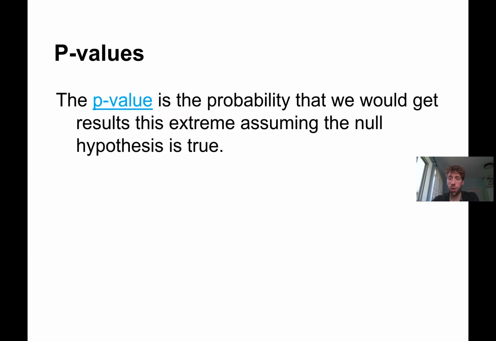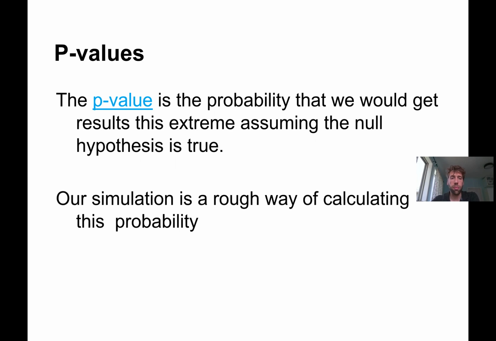Okay, so the p-value is super important. You should put this in your notes. The p-value is the probability that we would get results this extreme, assuming the null hypothesis is true. Our simulation is a rough way of calculating this probability. The p-value is not the probability that we're right or wrong. It's the probability of getting something this extreme, in our case 30% or more difference between the proportions, one way or the other.